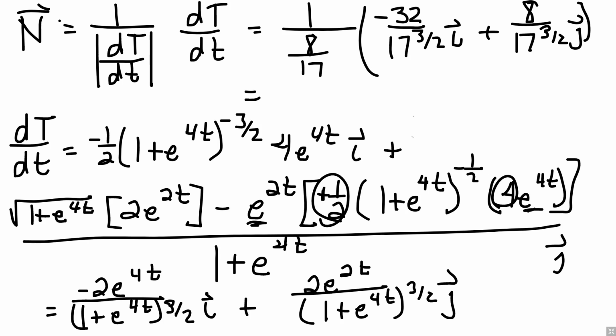So essentially, as far as this is concerned here, what is this actually equal to? So what's 1 over 8/17 equal to? 17 over 8. Right. Okay. So let me go ahead and write that way. This is going to give us 17 over 8.